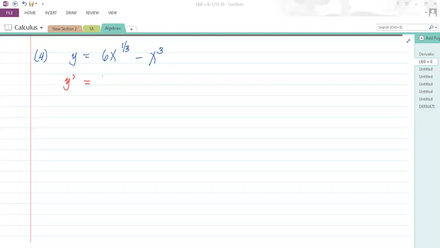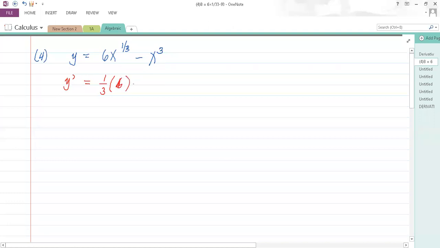1/3 times 6, ma'am. Okay, so we have 1/3 times 6 times x raised to 1/3 minus 1. So 1/3 minus 1. Okay? Minus 3x squared, since 3 minus 1 is 2.